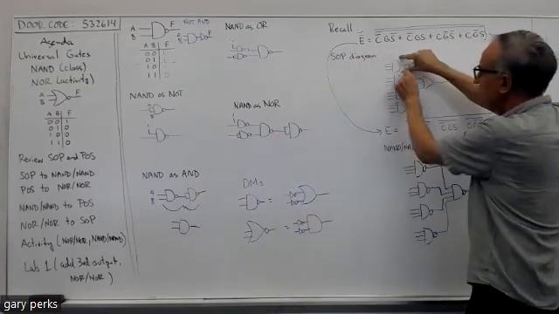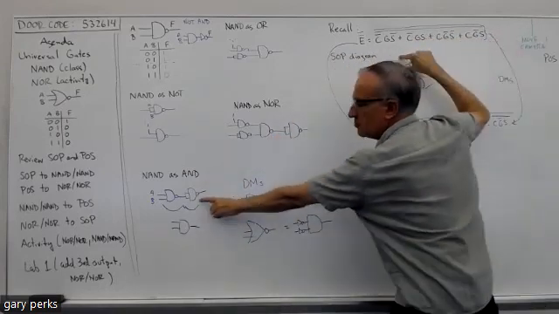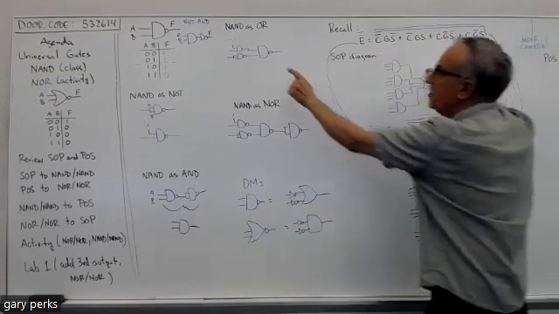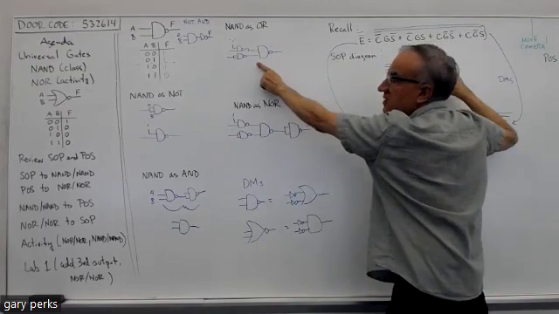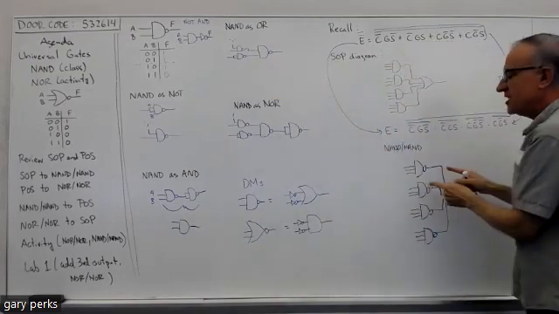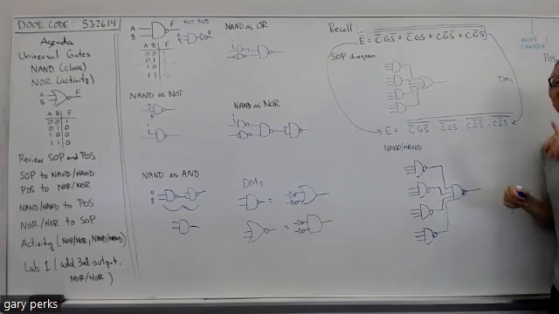So I could take each of these AND symbols and replace it with this. And then I could do the same thing with the OR, right? I could take the OR symbol and replace it with this. And can you see if I do that, I end up with the same thing?